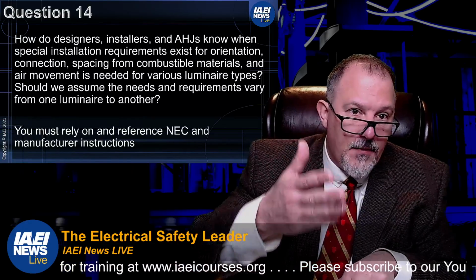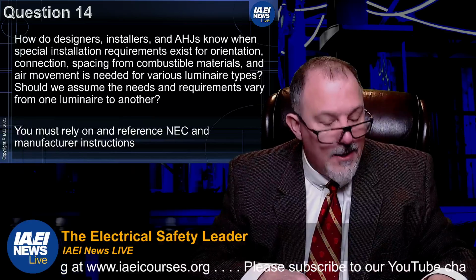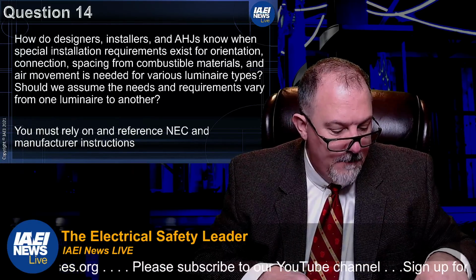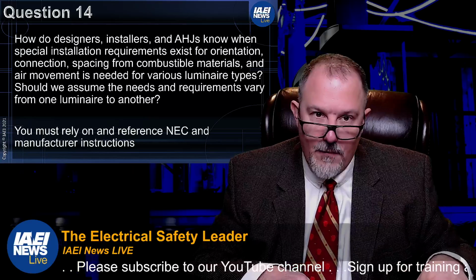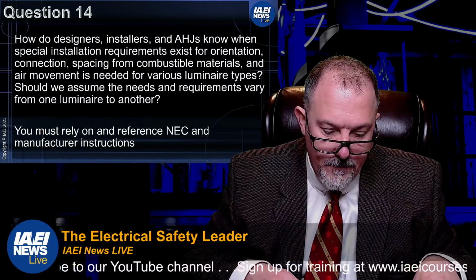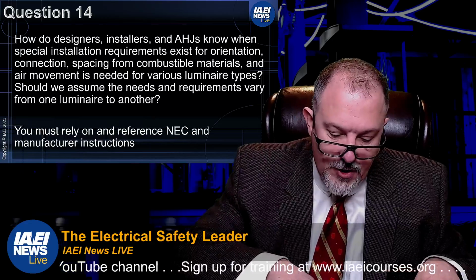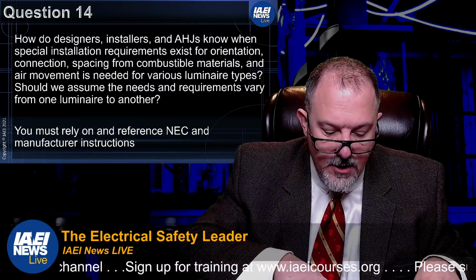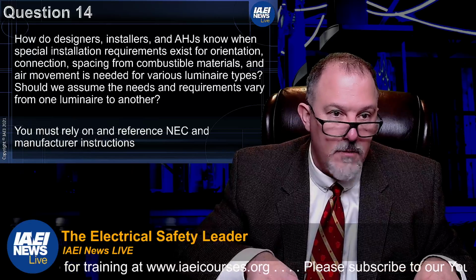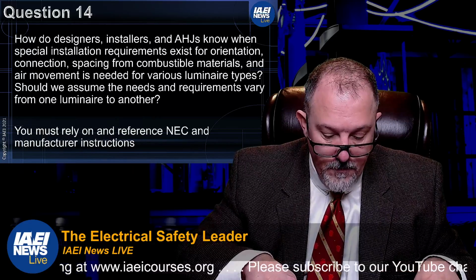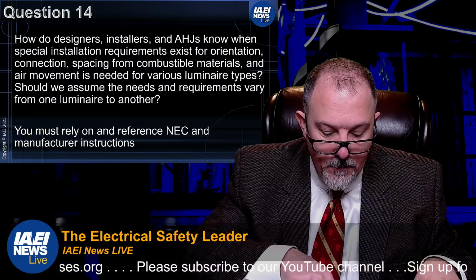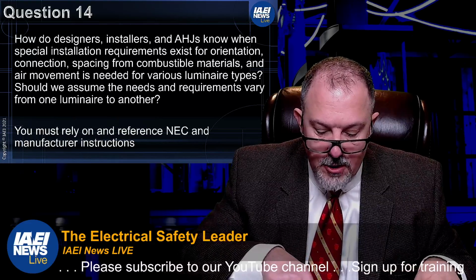And spacings from combustible materials, 410.11, location, 410.12. If you've got it in a closed closet, 410.16, we just covered that in a previous question. 410.22, the covering. 410.23, covering of combustible material at the outlet box. 410.24, connection of electric discharge and LED luminaires.